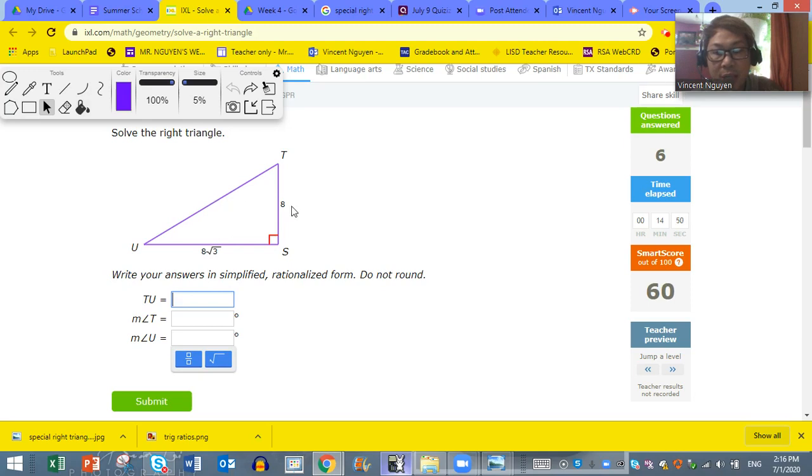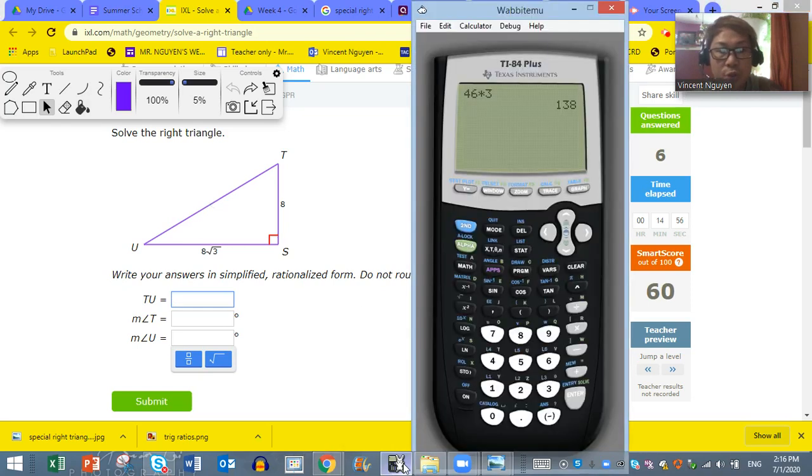We could do a squared plus b squared equals c squared, and then take the square root, right? So we do 8 squared plus A root 3 squared.